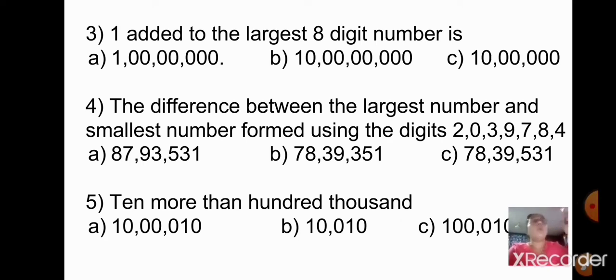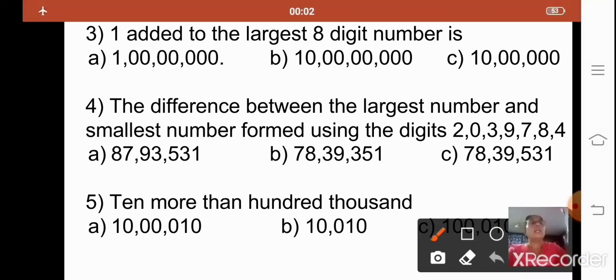Now when you add 1 to it, you will get the successor number, that is, the smallest 9-digit number. So which is your correct option? The first one is an 8-digit number, the second one is a 9-digit number, and the third one is a 7-digit number. But when we add 1 to the largest 8-digit number, we get the smallest 9-digit number. Your correct option is the B one.